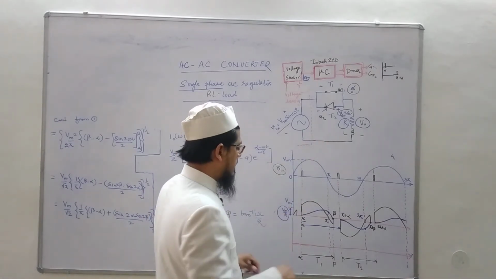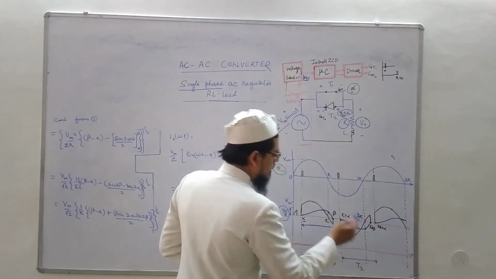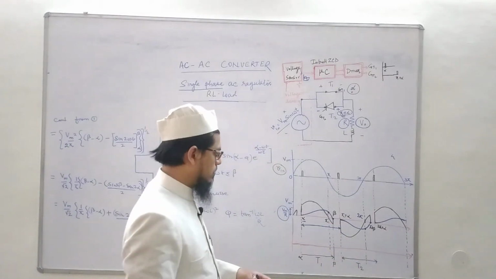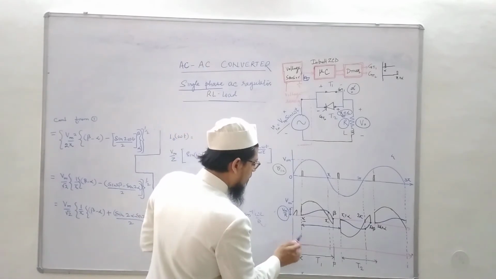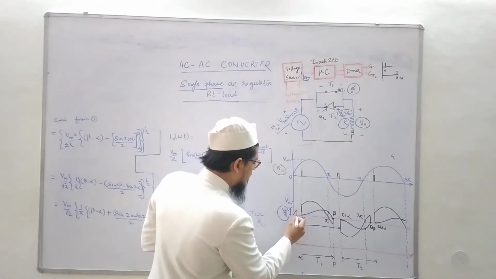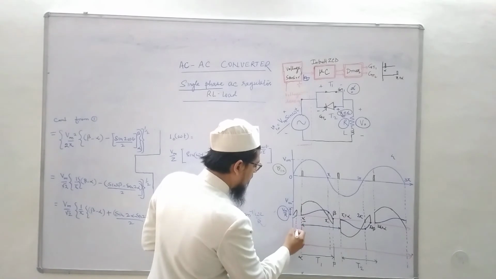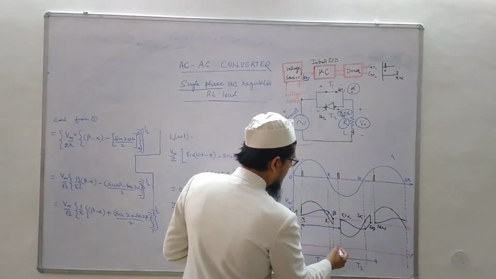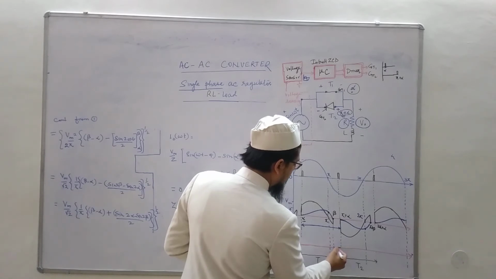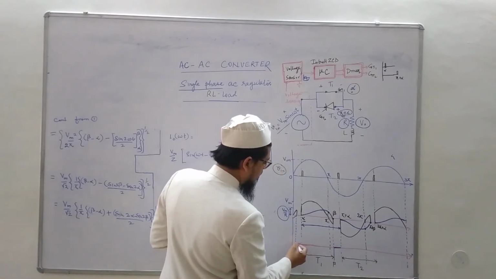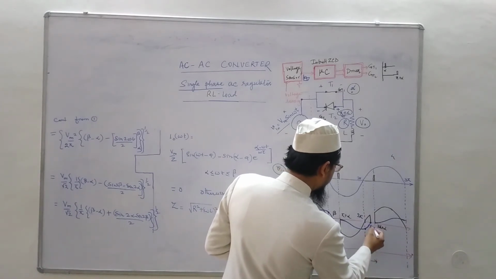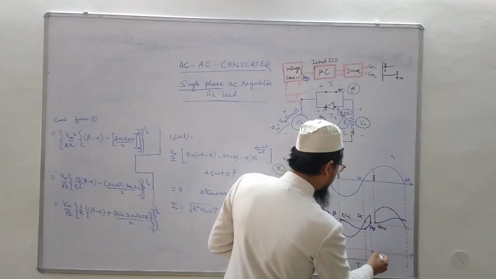So when T1 conducts or T2 conducts, the voltage appearing across both thyristors would be 0. Up to here there was current flowing. So what would be the voltage during this duration when none of the thyristors are conducting? Let us try to see.